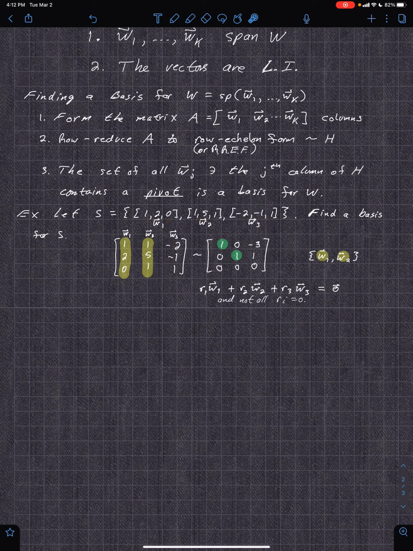You can see you get this vector and this vector. These have pivots, so 1 and 1 are the pivots. Nothing zeroes out. And so these two given vectors would form a basis. So you choose just W1 and W2 for your basis. That's the technique, and we've basically seen that before in different ways.